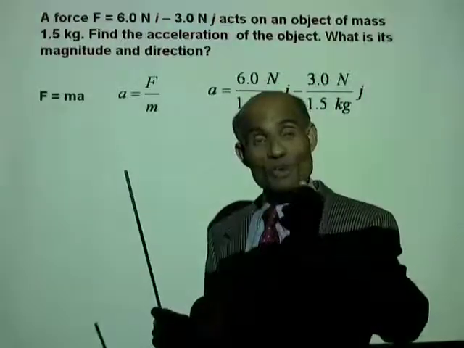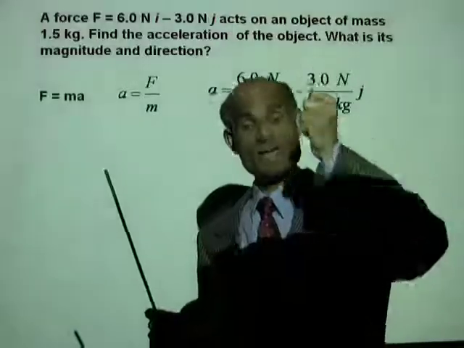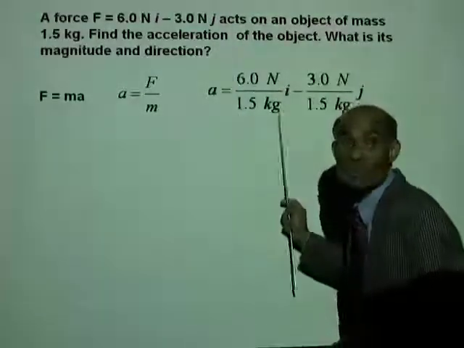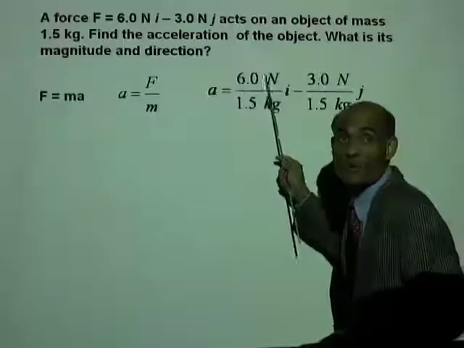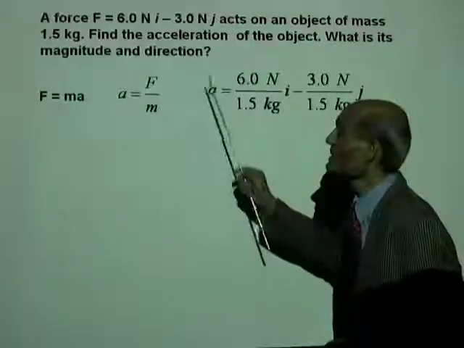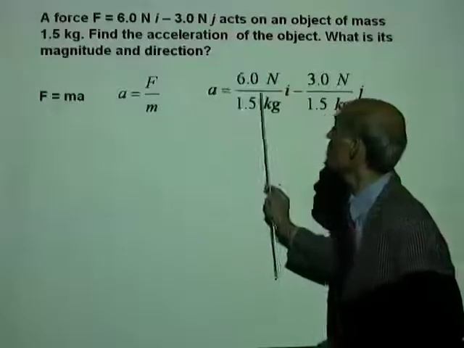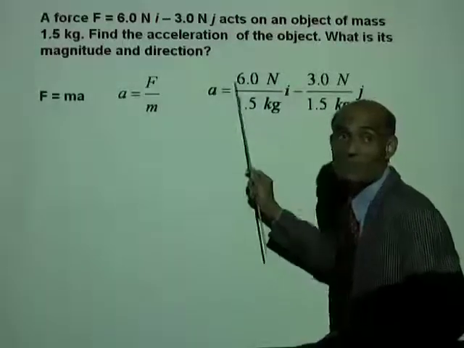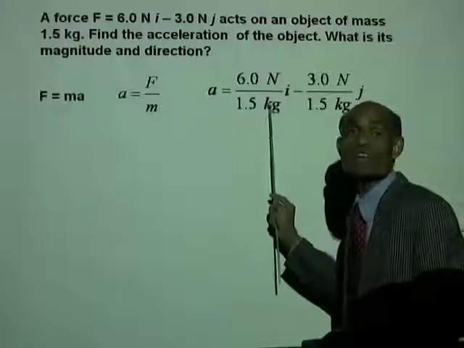The y component of the force will produce a y acceleration. So, the acceleration in the x direction will be the x force divided by the mass. That is 6 Newton divided by 1.5 kilogram I. This will be the acceleration in the x direction.